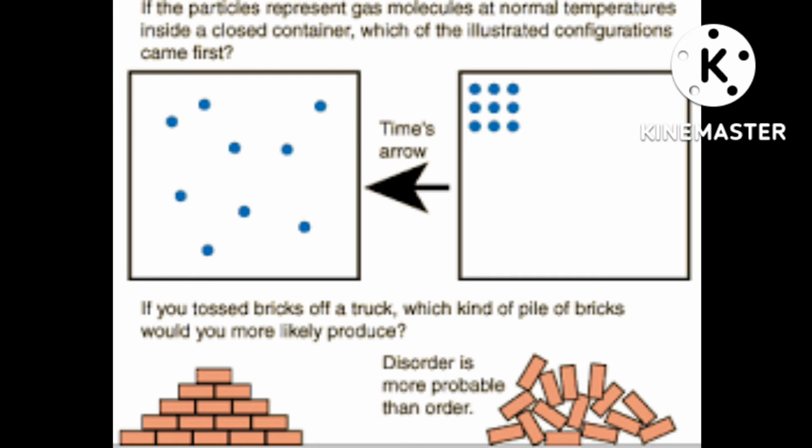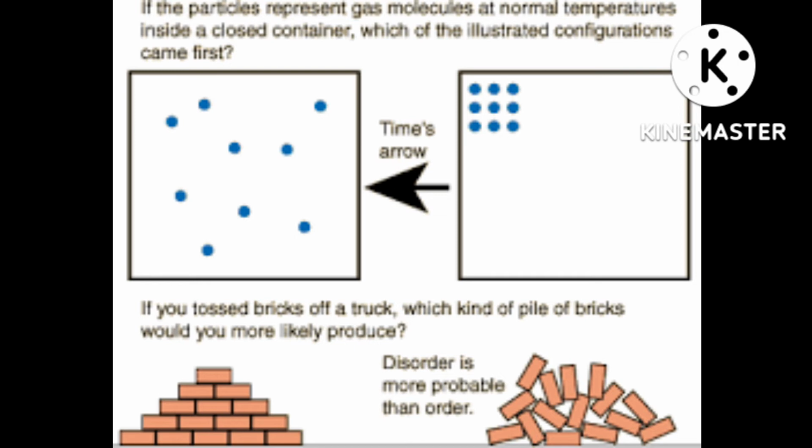The crystalline solid state is the most ordered, most stable. The gaseous state is the state of highest entropy, more disordered or unstable.